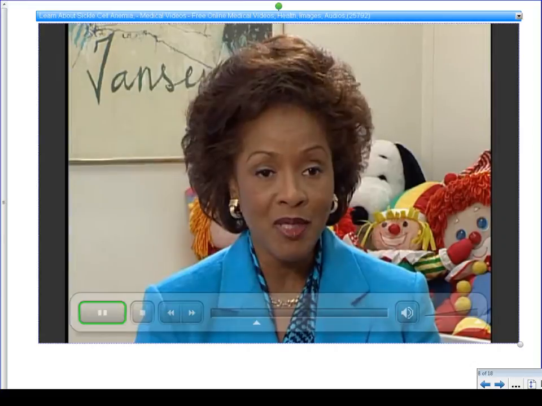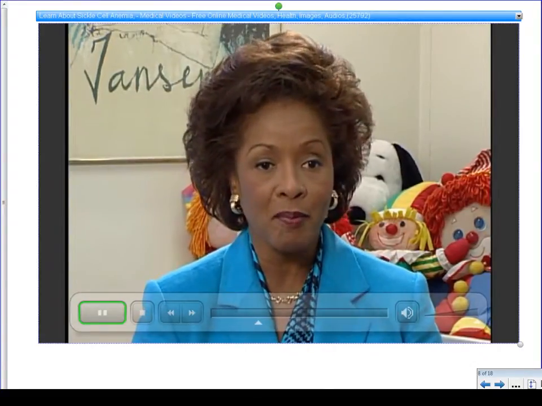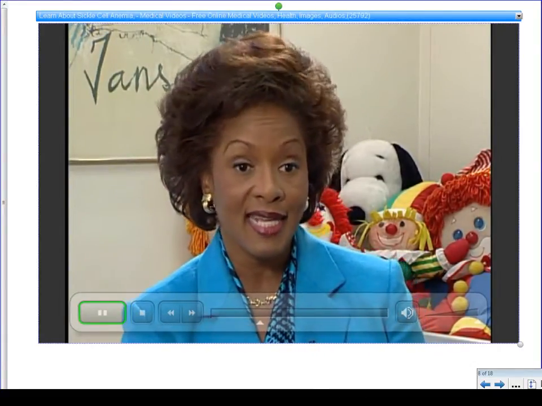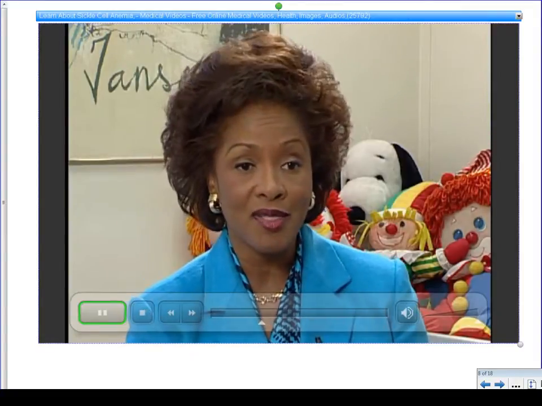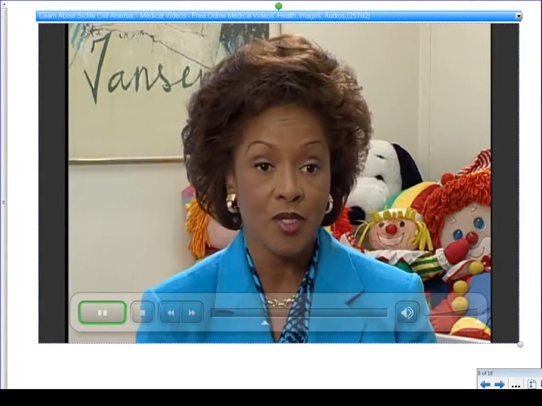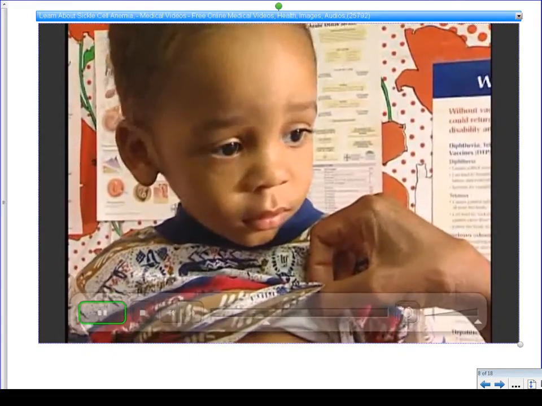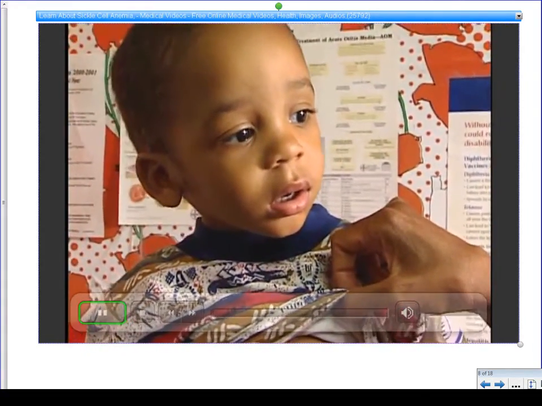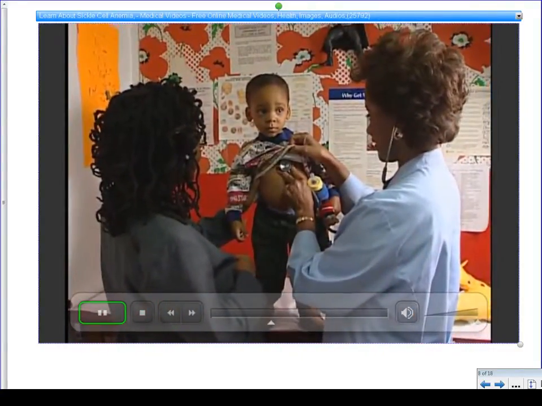Sickle cell anemia is an inherited disorder in which the hemoglobin, or the coloring part of blood, has a defect that causes healthy, normally round red blood cells to change forms. Pediatrician Lillian Beard specializes in treating children with sickle cell anemia.